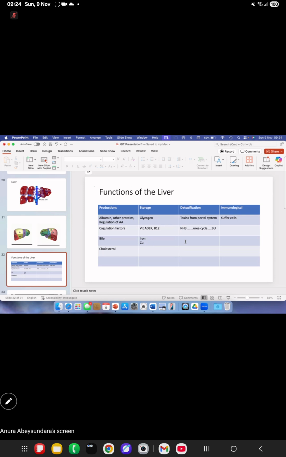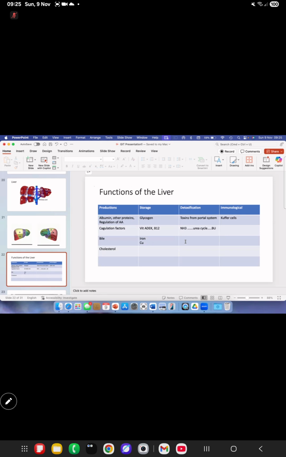Ammonia, which is produced as a byproduct of amino acid production or protein metabolism, is toxic and not water soluble. In the liver, the urea cycle converts this into water soluble urea, which is secreted in the urine. So that's called the urea cycle.